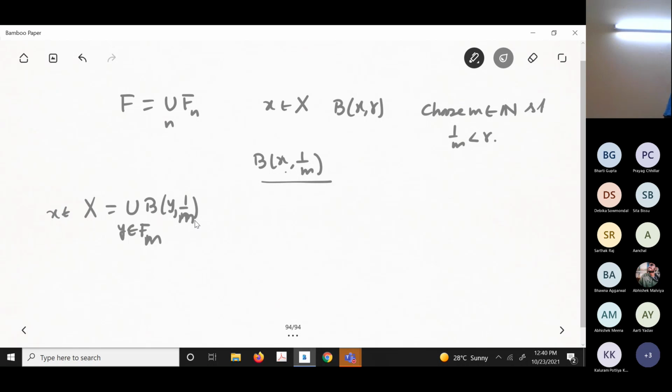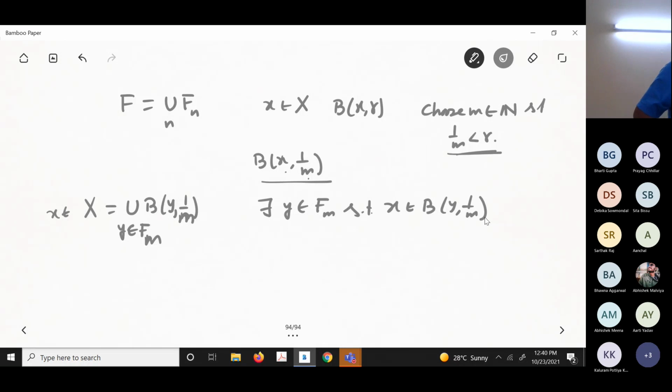For m, I chose 1/m less than r, so you are taking that. This I got on the previous page. That means there exists y belongs to F_m such that x belongs to B(y, 1/m). Okay, right? Now look, I'm done.